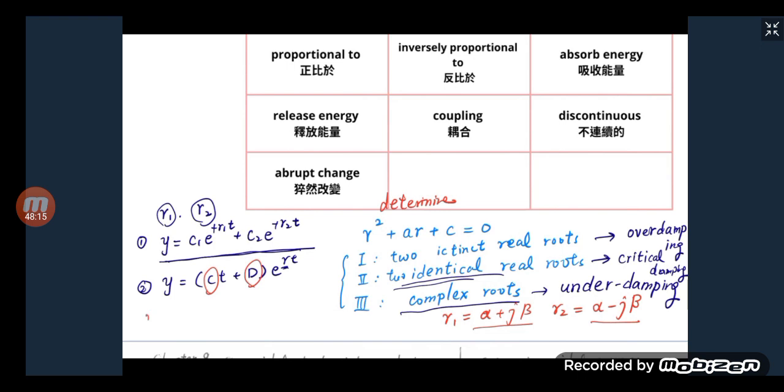And as for the third case, it's complex roots, and the complex roots must have this form. So we see that the final one will be what?